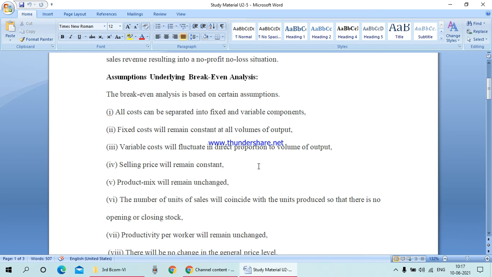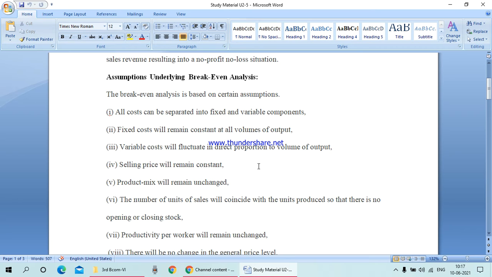Another assumption under break-even analysis is that there are two costs, one is fixed cost, another one is variable cost. Variable costs vary, so they will fluctuate in direct proportion to volume of output.